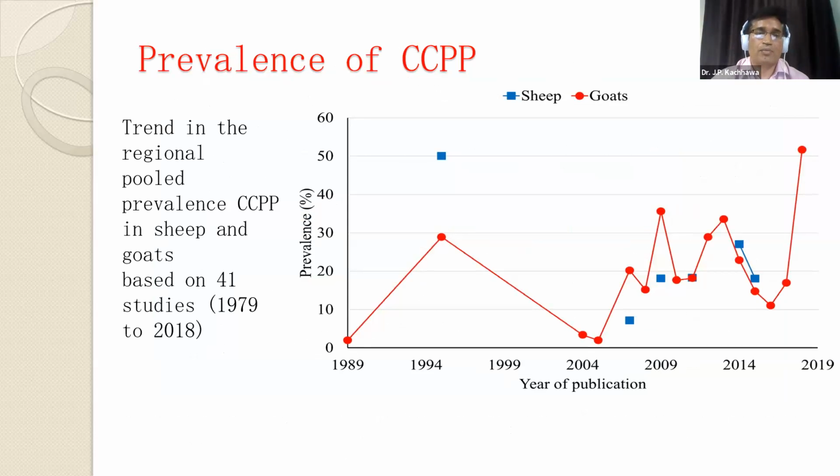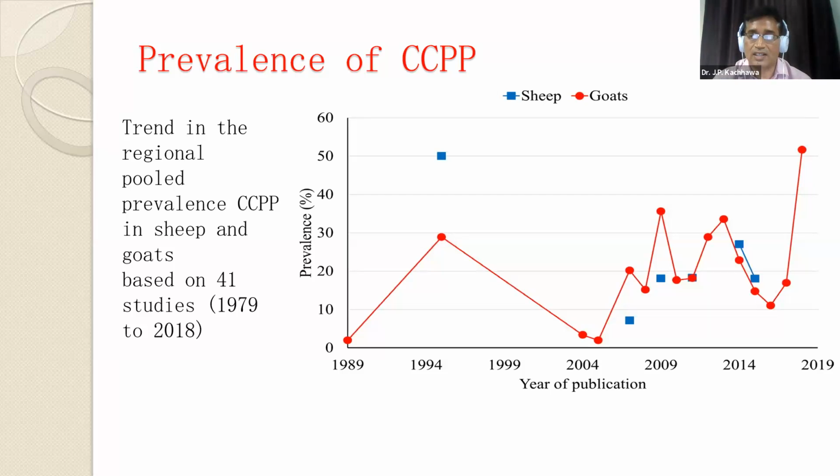If we look at the prevalence rate of this disease, we can see the trend of CCPP all over the globe. The blue dots indicate the prevalence trend in sheep over the years from 1979 to 2018, and the goats are denoted by the red dots.